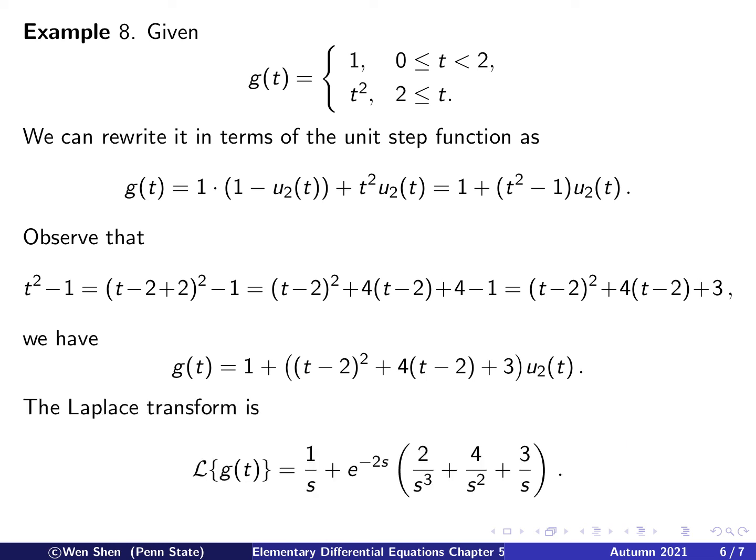Therefore we see that the Laplace transform is the transform of 1, which is 1 over s. e to the negative 2s comes from this. And then the transform of the shifted function, so t squared, which is 2 over s cubed, 4t, which is 4 over s squared, and then 3, that's 3 over s. Okay, so that is the answer.